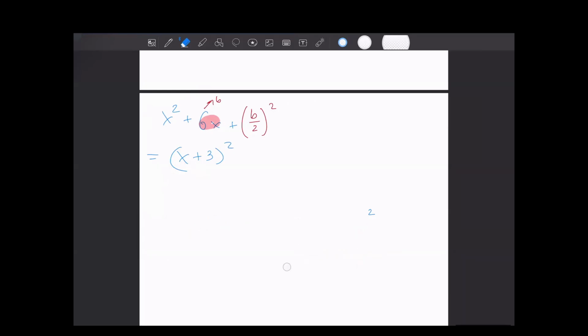Let's get rid of this. And let's imagine I gave you x squared plus 8x minus 4. How would you complete the square for this? What's the magic number we want first?